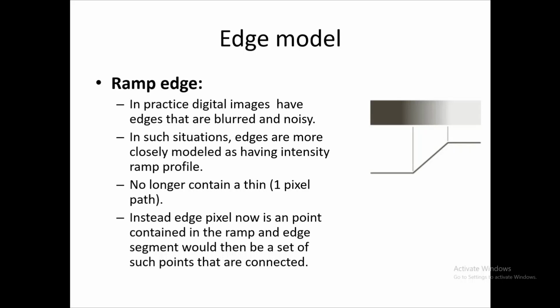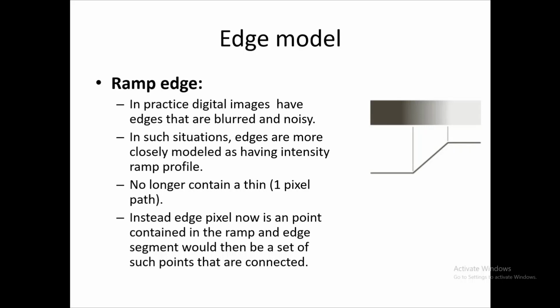Here it no longer contains a single pixel, and instead of one point in the ramp, an edge segment would be a set of such points that are connected. So this type of edge consists of a set of pixels.